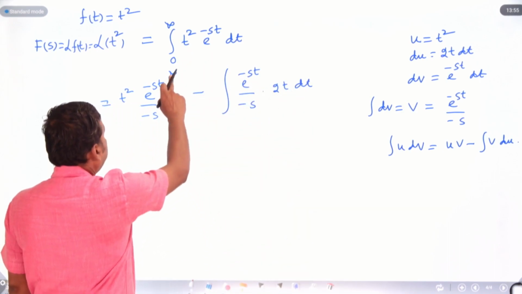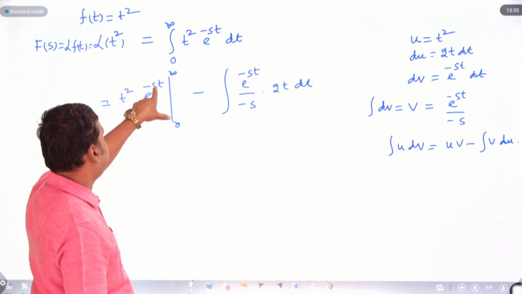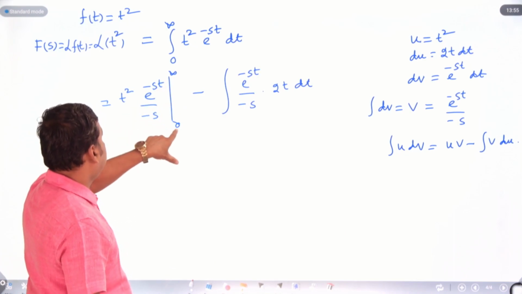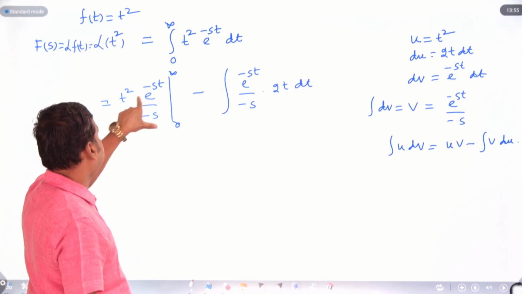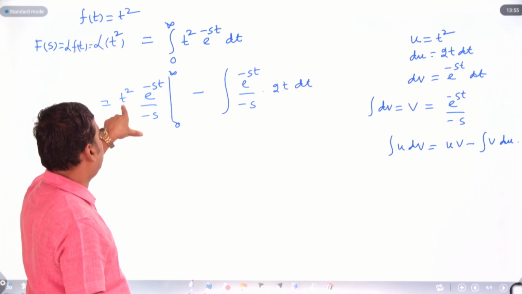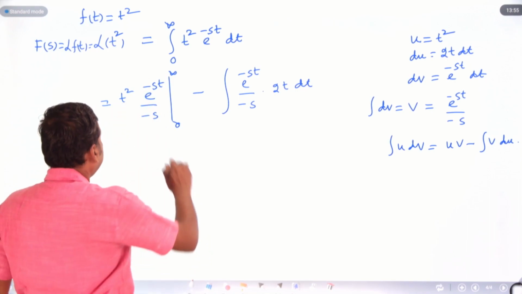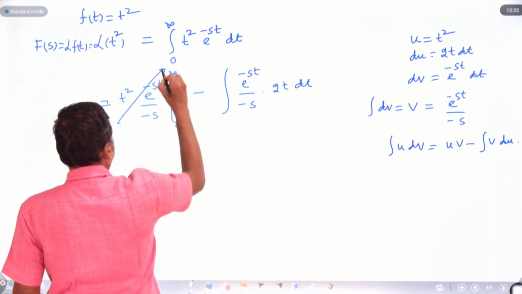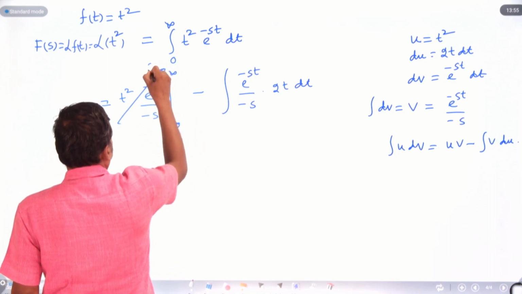Here if we put in the limits, the value will be 0, because e to the power minus infinity is 0, and at t equal to 0 the term is also 0. So putting in the lower and upper limits, the value is 0.